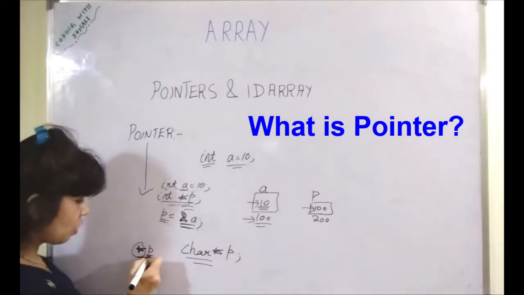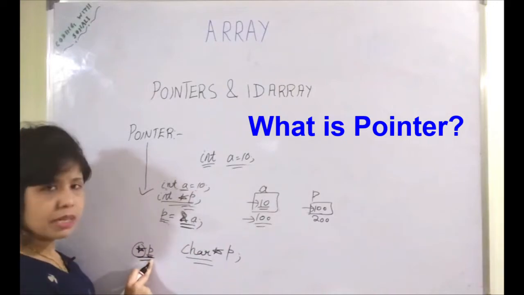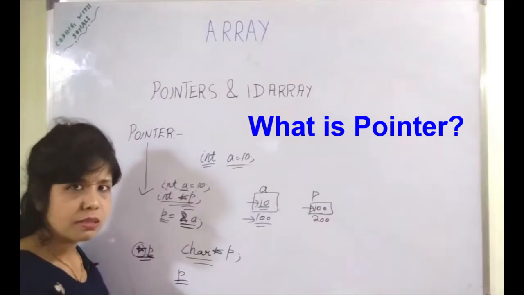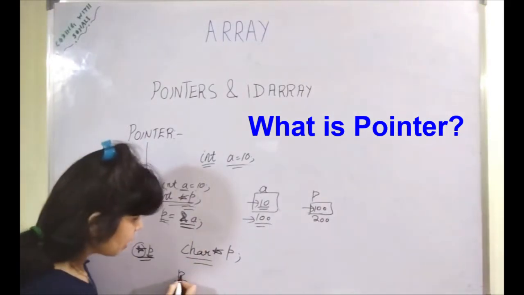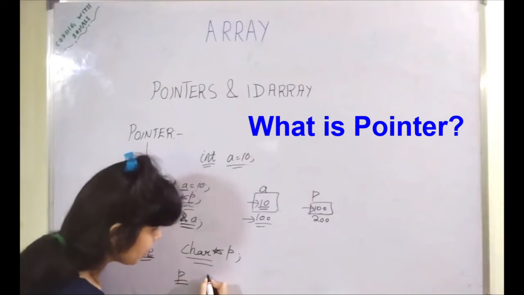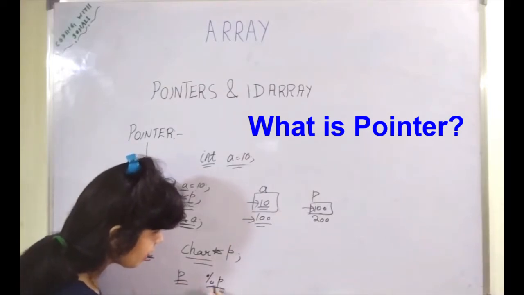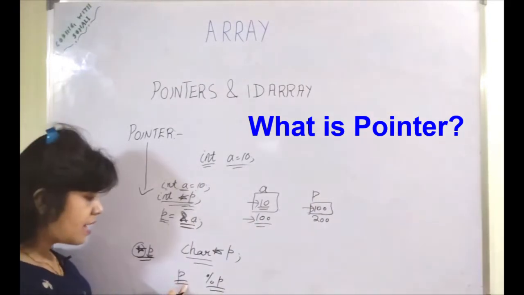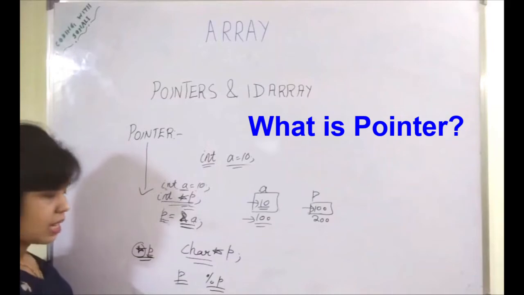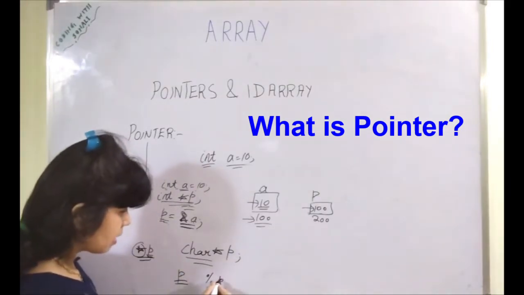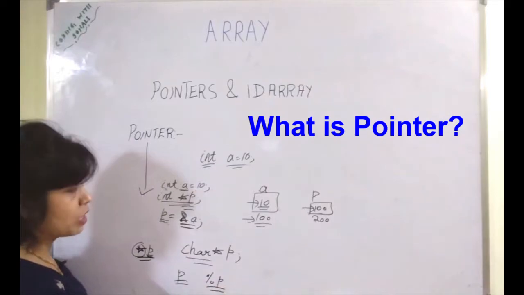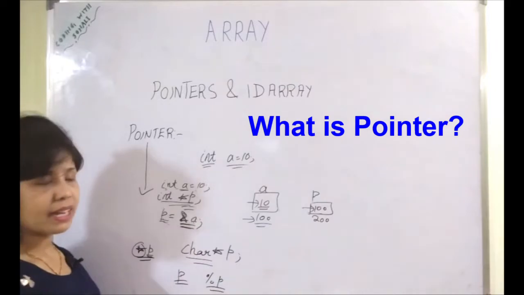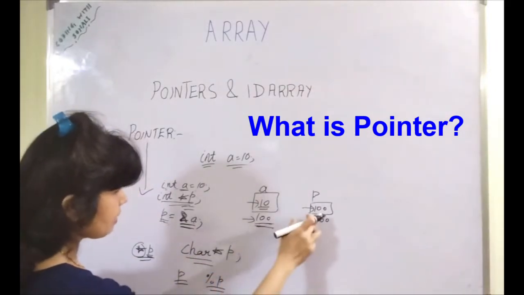You know that p is first of all holding an address. If I print p, to print its value we have to use the format specifier %p, because p has the address of another variable, or you can also use %u. But we want the value present at that address. p has the address 100.